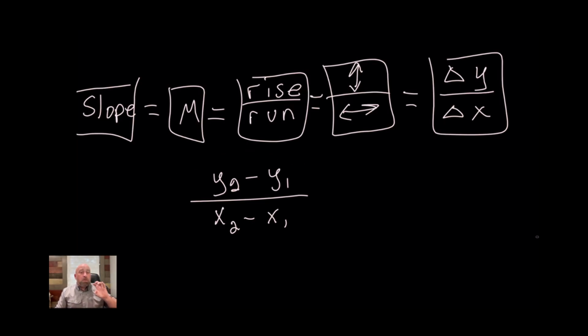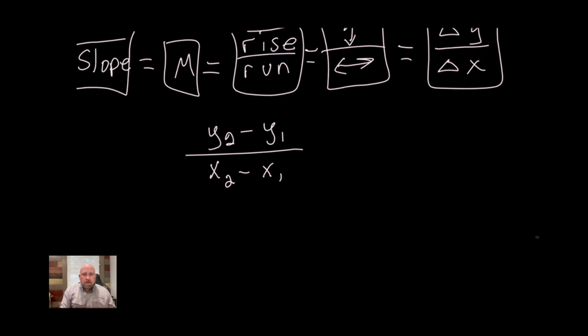So if you ever have points, you can plug them into this formula and it will give you the slope of the line. So let's say our two points, let me change the color here so you can see it a little bit better. On the bottom of page 91 in your book, it gives us an example, and we can go ahead and plug these values in. It says our first point is going to be at 2, negative 1.